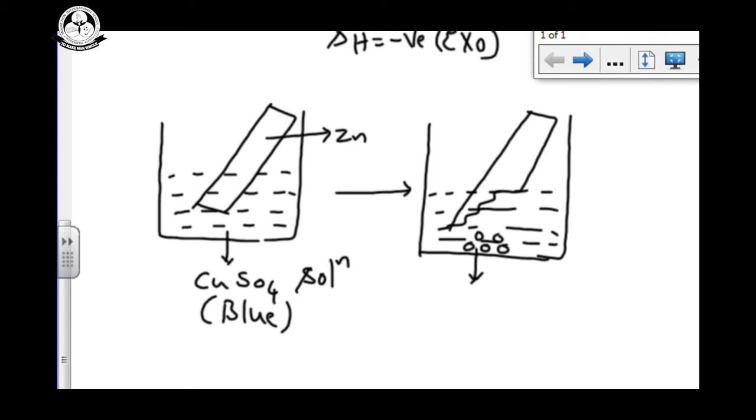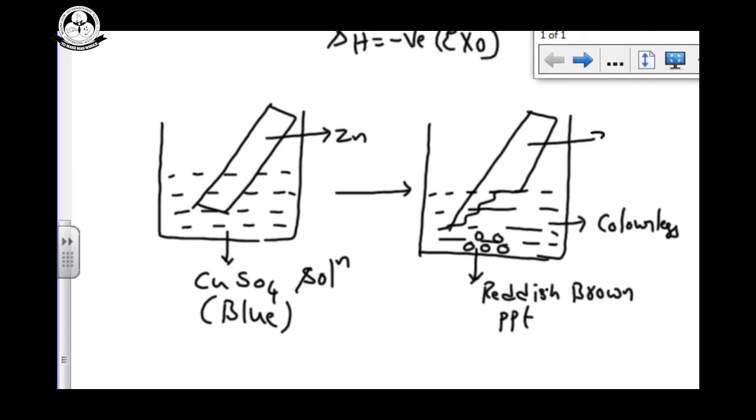There is a reddish brown precipitate, and the color of the solution becomes colorless. This is the zinc rod. See what we have to observe. Tell me the observations, what we are observing.